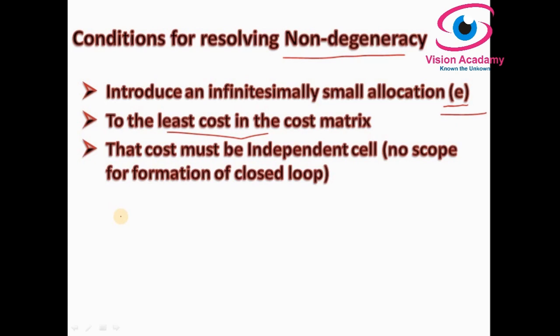I told you many times what a loop is, and that must not be able to form. For example, if you found a least value and from it you are able to form a loop, you are not going to select that value, go for the next least value. And this least cost must be from an unallocated cell.